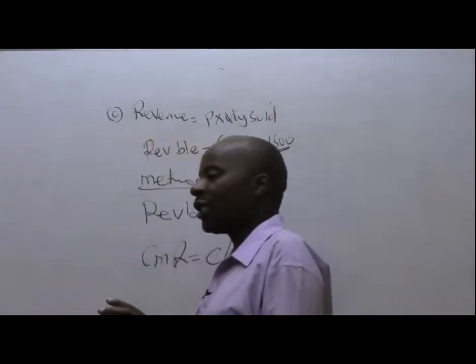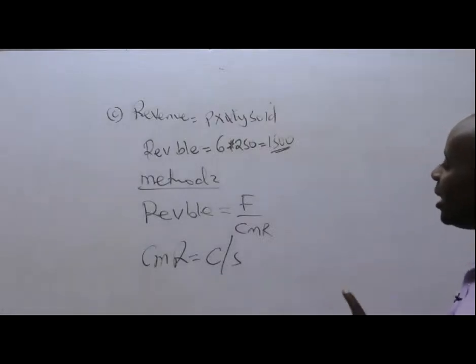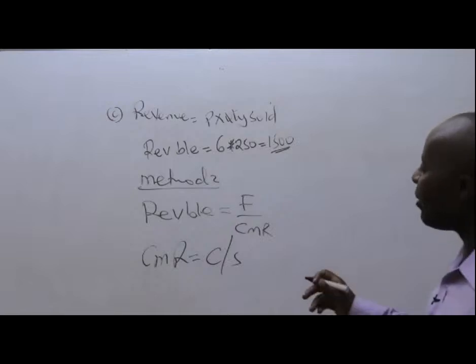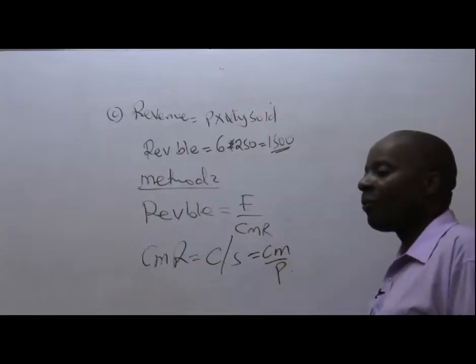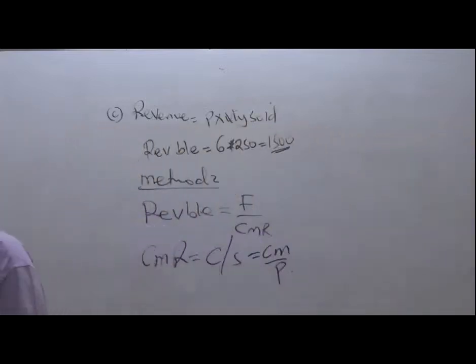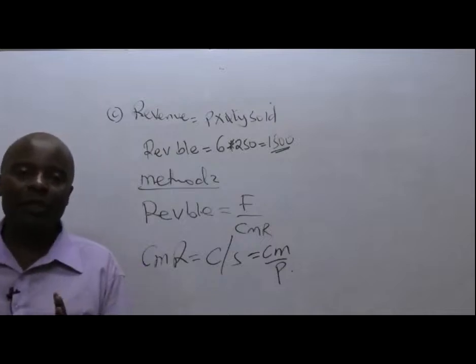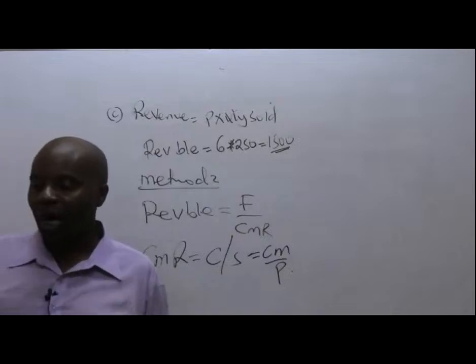The question that I would want to pose to you, greatest students of mine, is how do we get this CMR? To get CMR, ladies and gentlemen, we normally take CM, which is contribution margin, contribution per unit, divided by selling price.